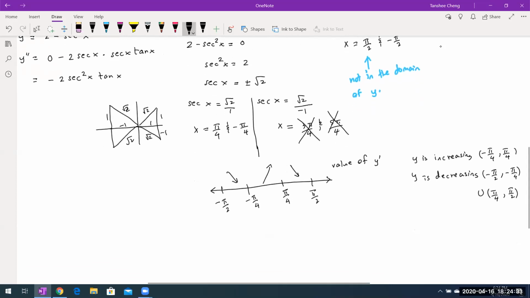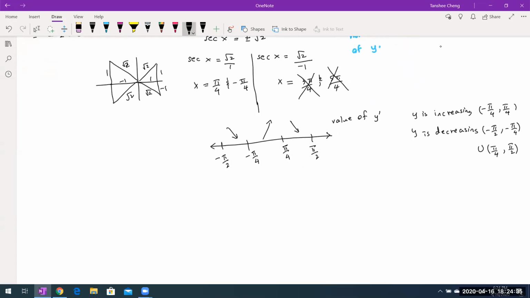So my part 6 will be, by the first derivative test, we will have a local maximum at x equal to pi over 4, and we want to find out that value.